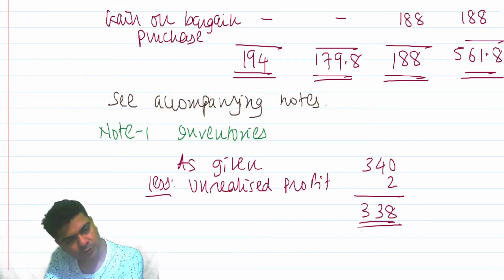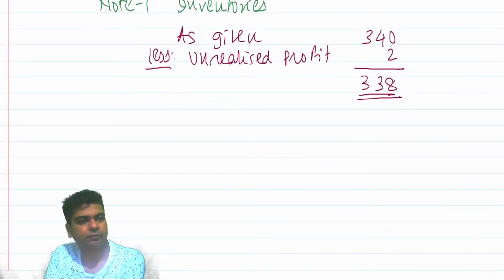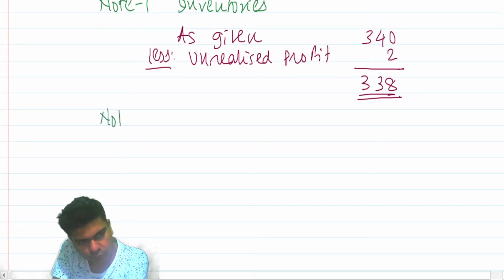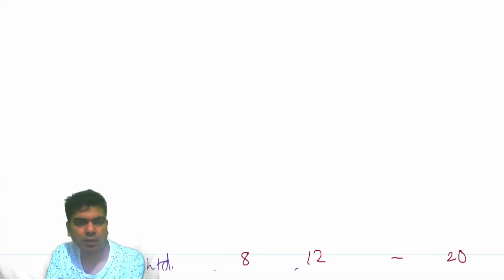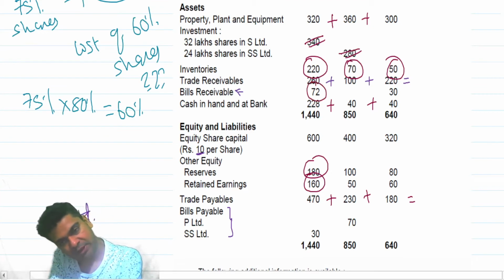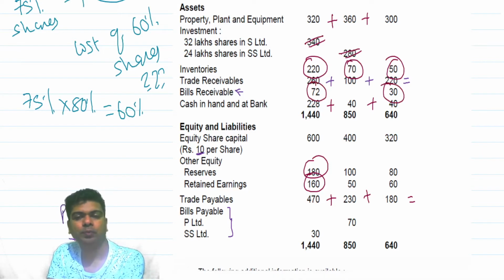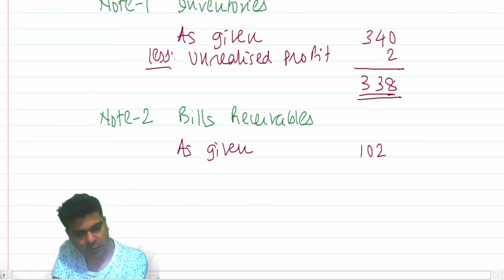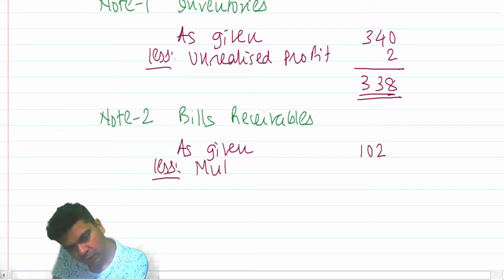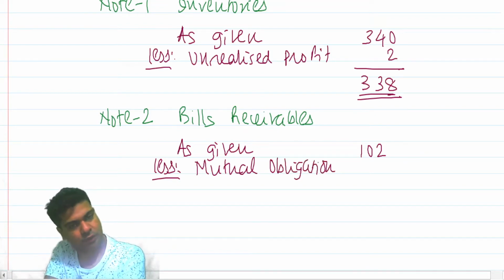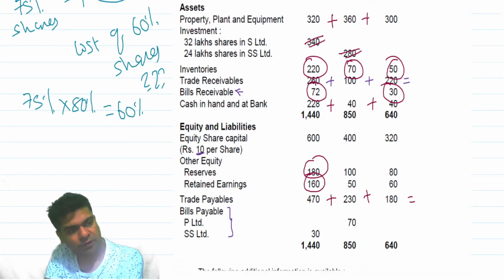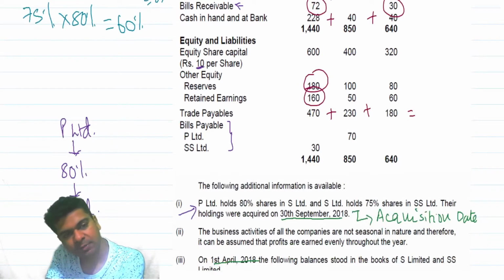Now for bills receivables. As given. Line by line addition of bills receivable 72 and 30, 102. Less mutual obligation. If you check with the liabilities, you have bills payable.